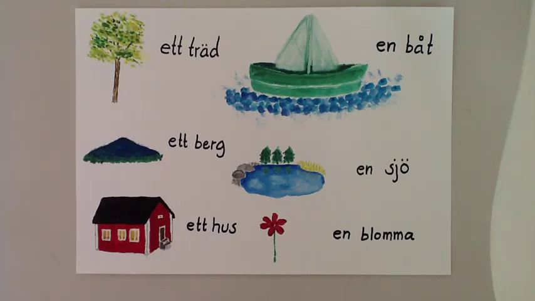So the neuter ones have the article ett, and the common ones have the article en. So you can clearly see which is which in this picture. So ett träd, ett berg, ett hus, they are all neuter nouns, and en båt, en sjö, en blomma are all common.